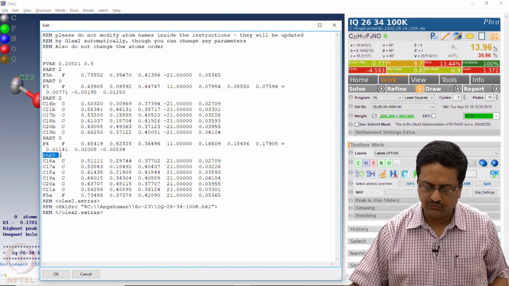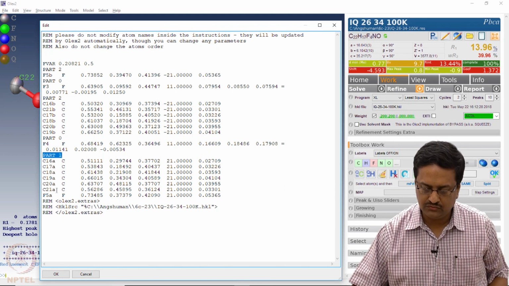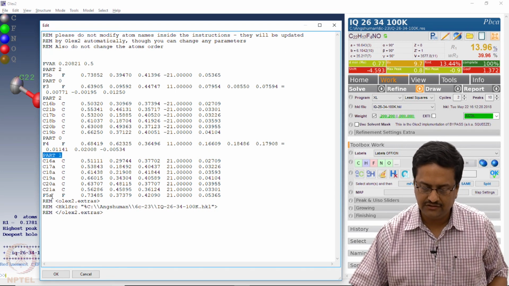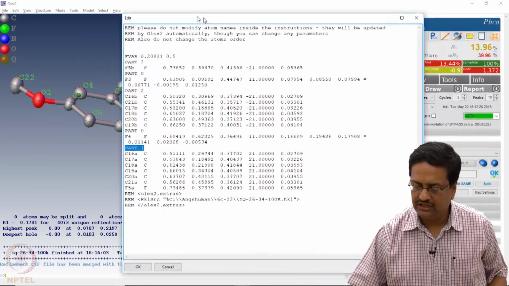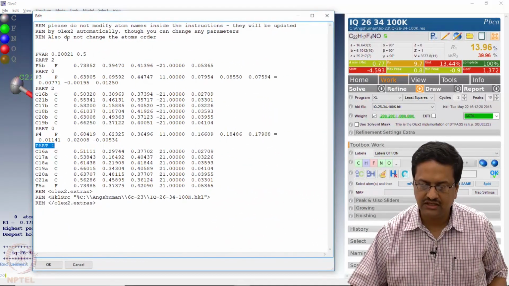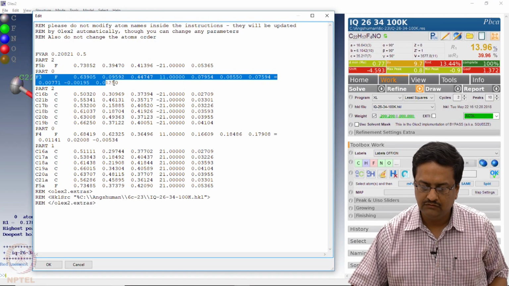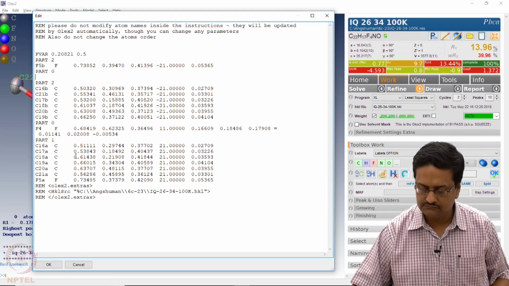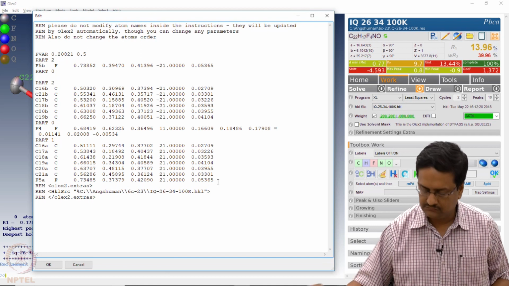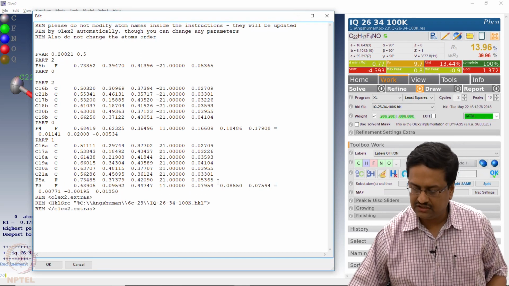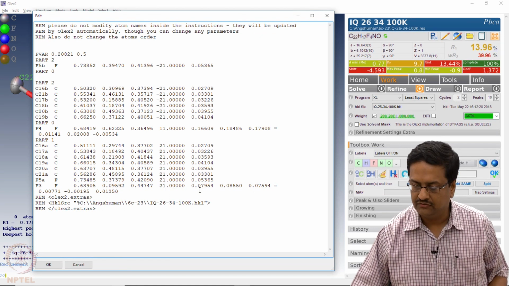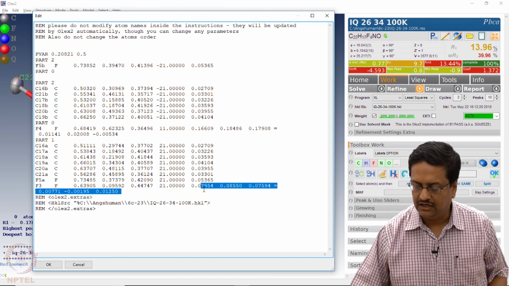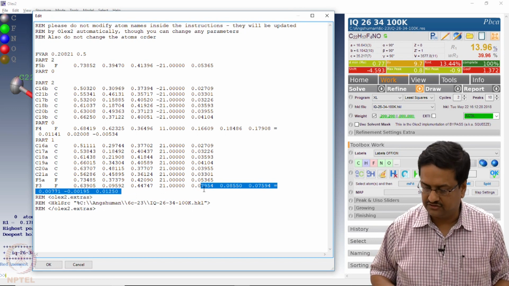So this is part 1 which has 16A to 21A, F1A, and along with F1A we should have the atom F3 as well, which is this one. So we bring that F3 here and write this as 21 and make it isotropic.